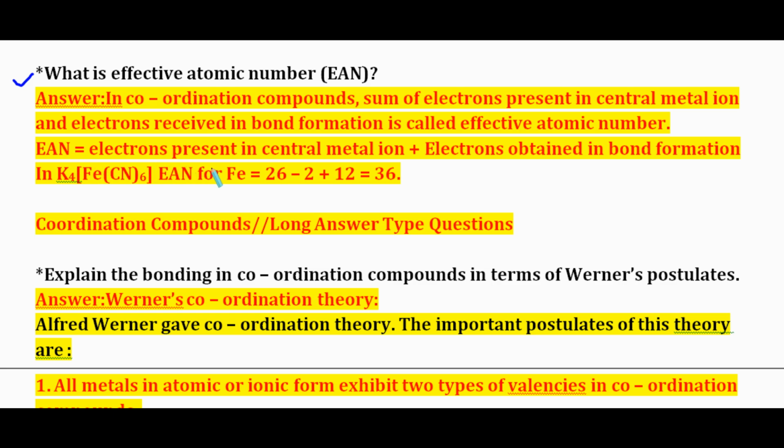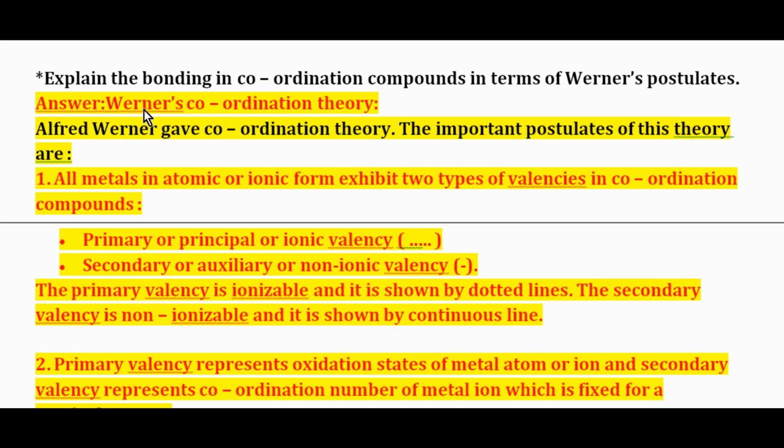That is, EAN equals electrons present in the central atom plus electrons obtained in bond formation by ligands. For K4[Fe(CN)6], the atomic number of Fe is 26, its oxidation number is 2, so it is minus 2, and the electrons obtained from ligands: there are 6 ligands and they give 2 electrons each, so the total is 12, so the EAN is 36.